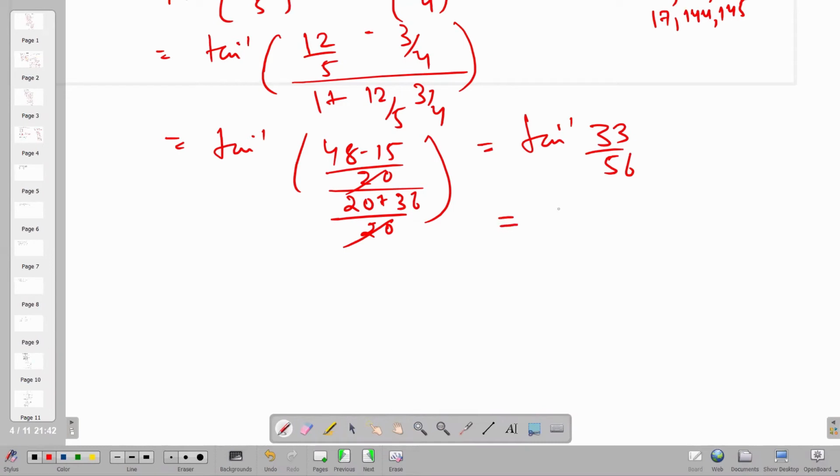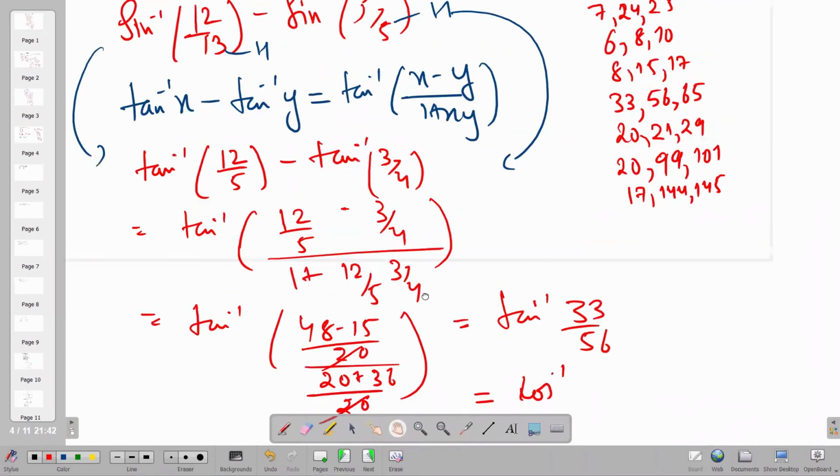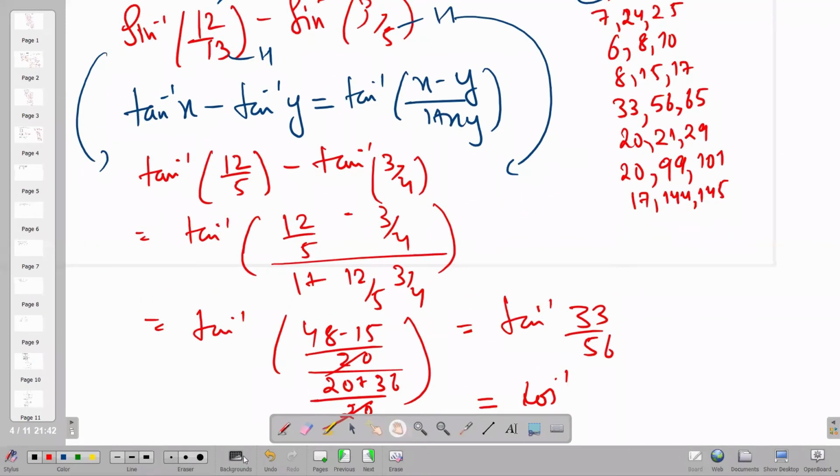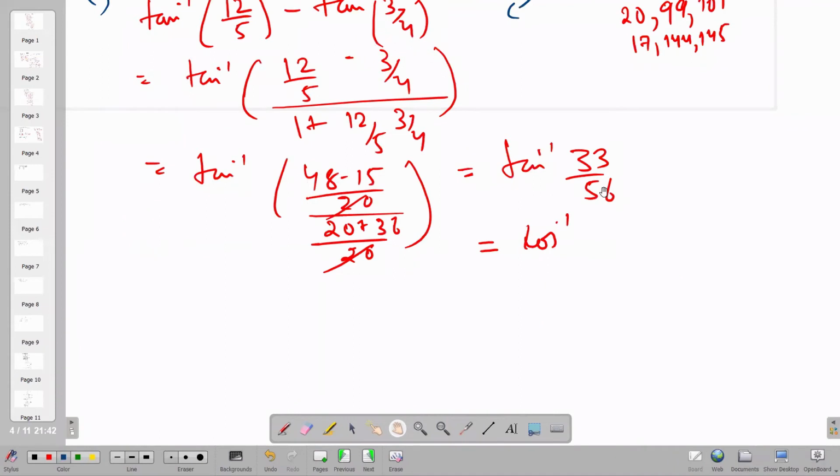cos, this is cos inverse of, and this is again a Pythagorean triplet. So if my perpendicular is 33 and base is 56, so my hypotenuse would be 65.